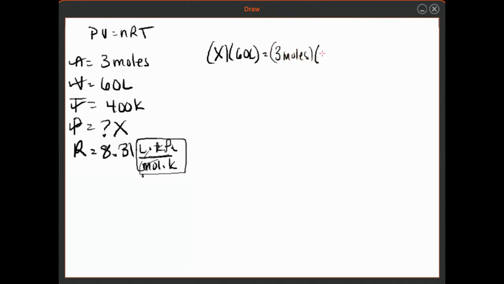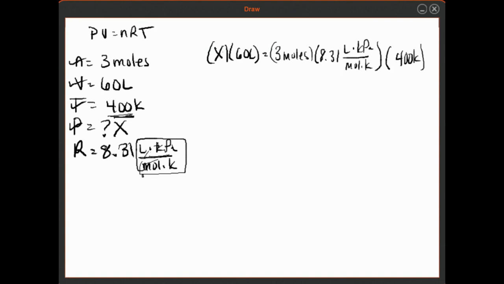The R value is 8.31 liters kPa, mole Kelvin, and our temperature is 400 Kelvin. Now, we didn't have to do anything with our temperature because it was already in Kelvin. Had it been in Celsius, we would have had to convert. So let's go ahead and calculate this now.